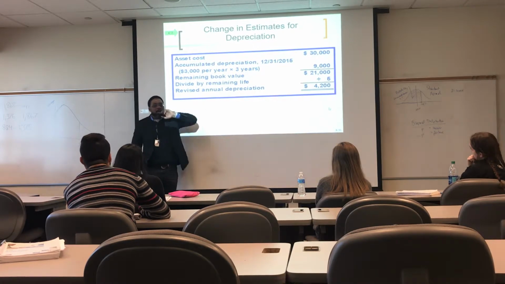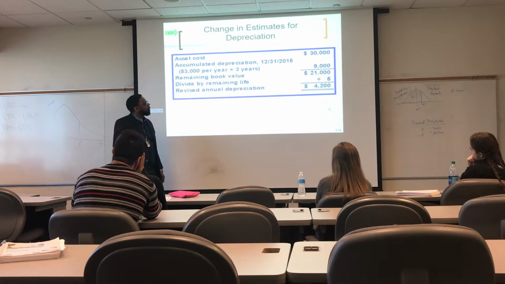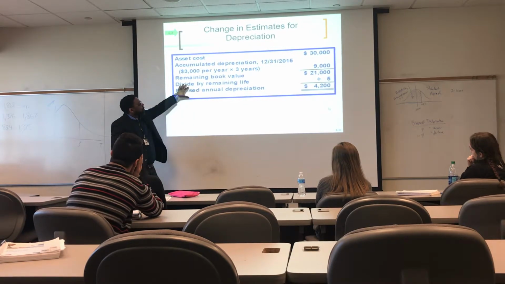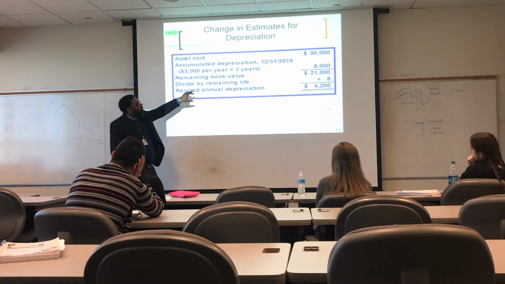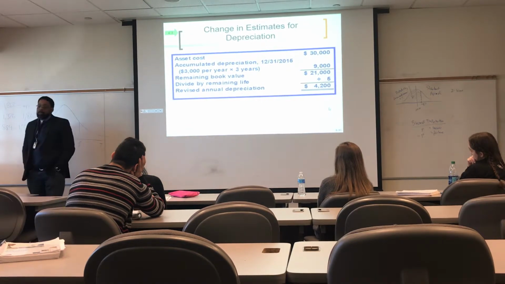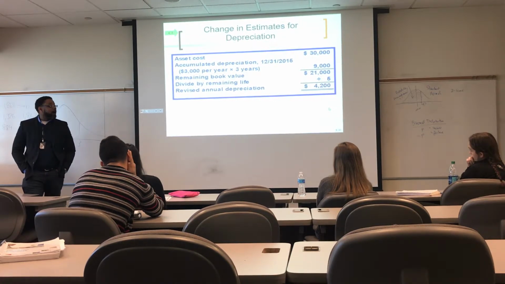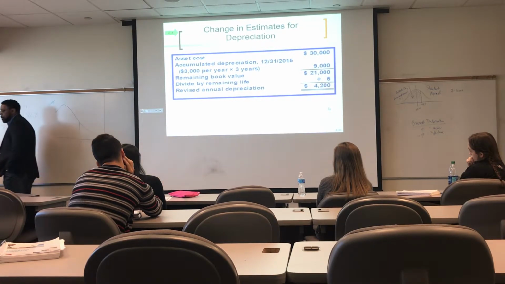So right now the book value is $21,000. We divide by the remaining useful life, which is 5 years. Remember, they went from 10 years to 5 years remaining. So $21,000 divided by 5 will give you $4,200.